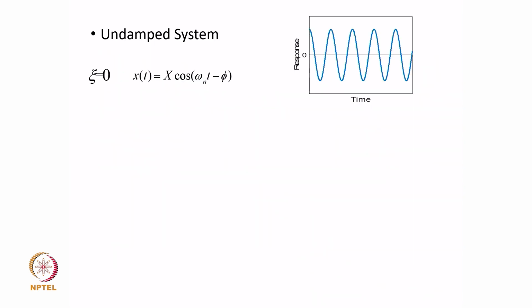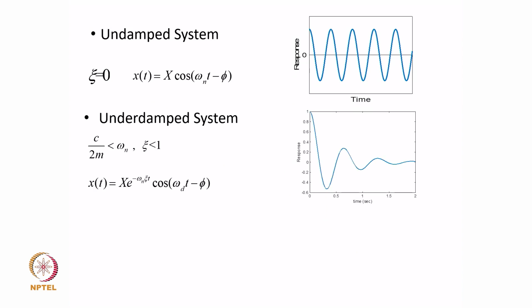So, just to give you a comparison of how different systems oscillate and show their responses once disturbed from their equilibrium position. For an undamped case, zeta equal to 0, you get a harmonic response without any change in the amplitude. So, that is how, once disturbed, it continuously vibrates without any loss of amplitude.